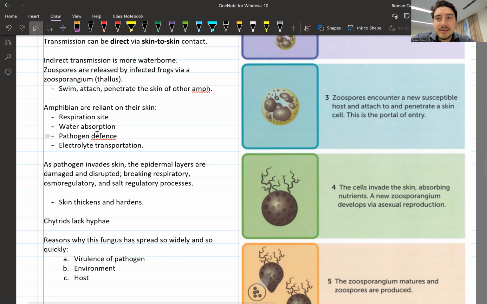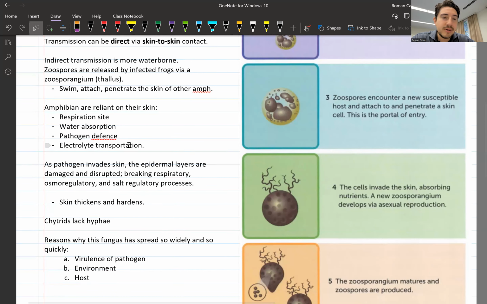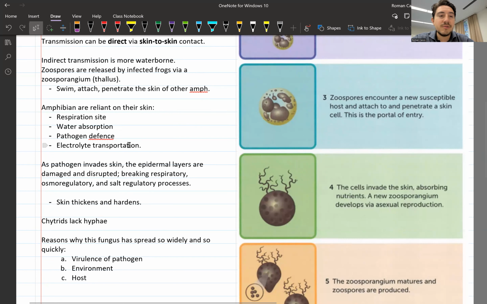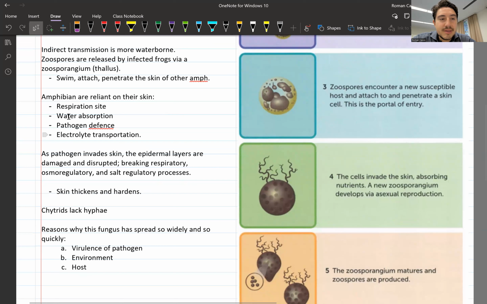It's a pathogen defense system. And aside from water being transported within the skin, you're also getting electrolytes transported, right? Ions and salts and dissolved molecules there. So the skin is incredibly important to be fully functional all the time, right?